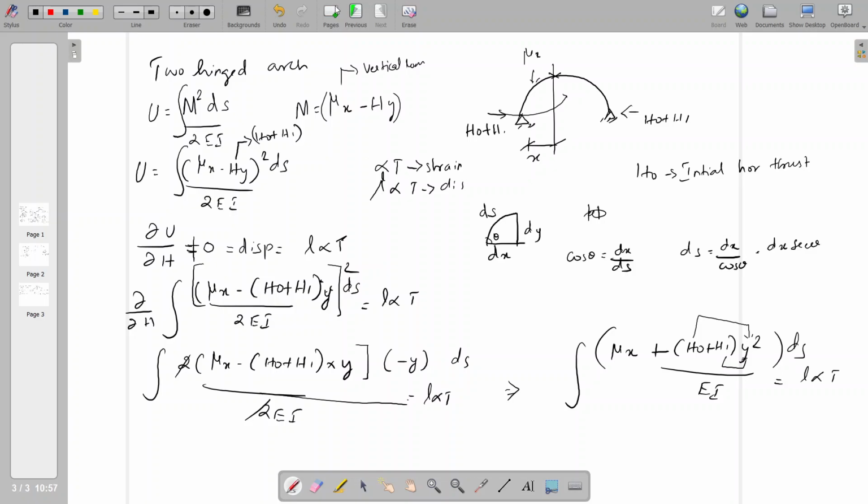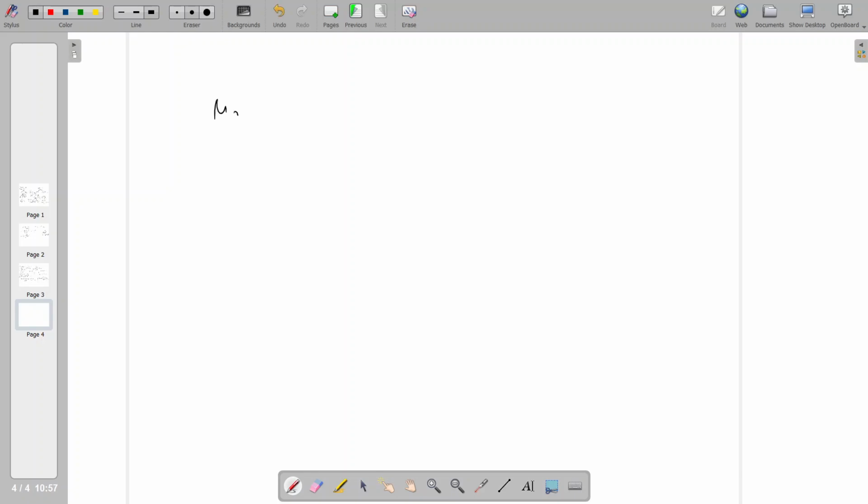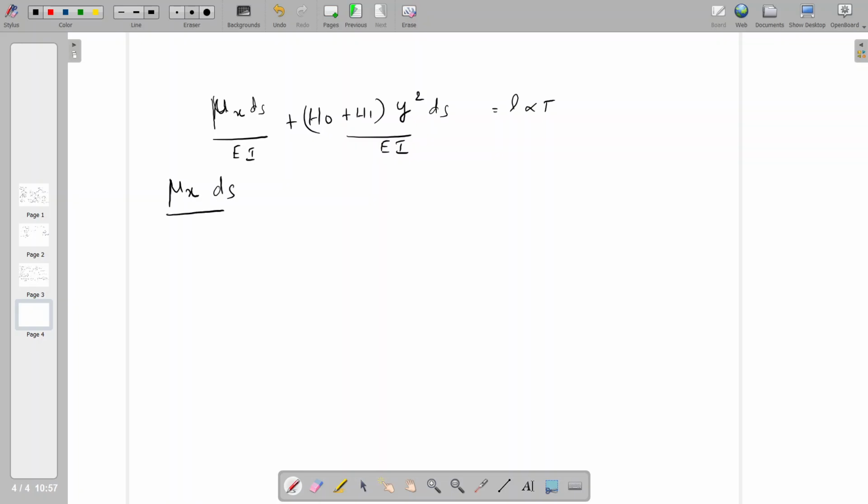On the next page, Mu x into ds by EI plus H0 plus H1 into y square ds by EI equal to L alpha T.